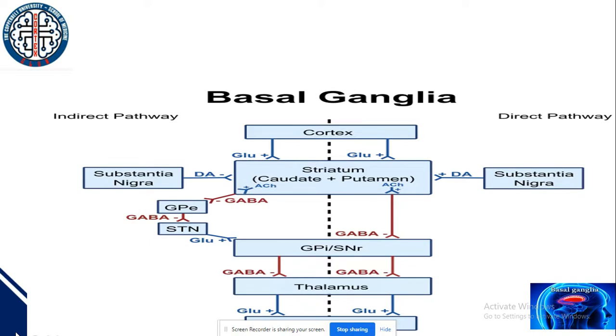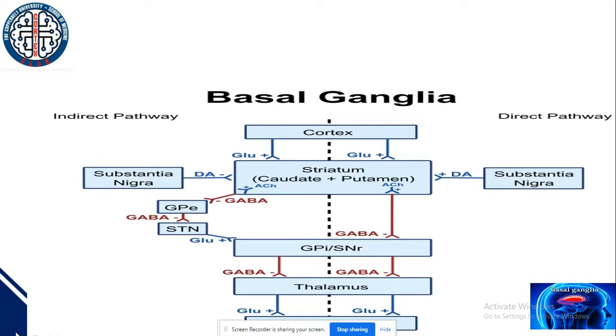There are key things here that I want you to understand. We have D1 receptors. We also have D2 receptors just within the putamen. So where we have DA plus, it means this dopamine is going to act on the excitatory receptors, which are called D1 receptors.